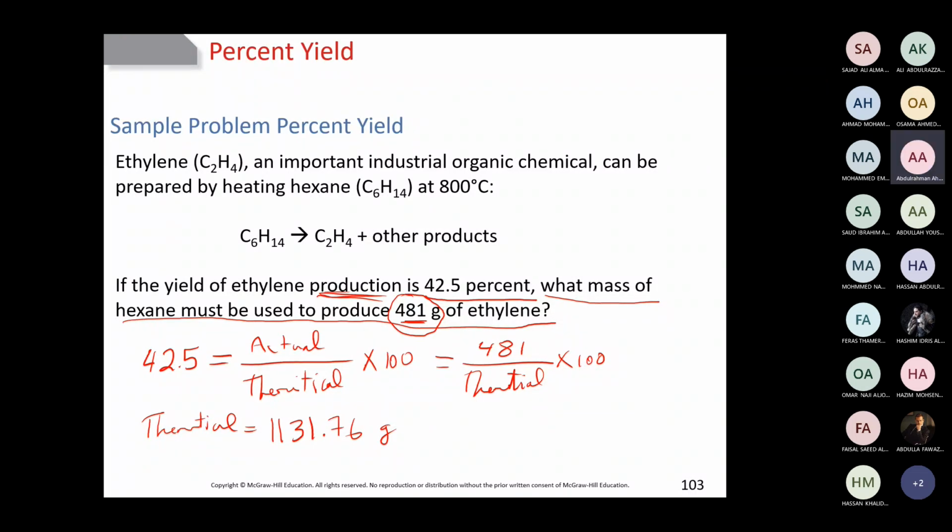Clear, يا شباب? And that's why now, how much hexane do I need? If I have here 1131.76 gram of this one, theoretical yield, then how many grams of C6H14 do I need? What are you going to do? Divide this number by what?